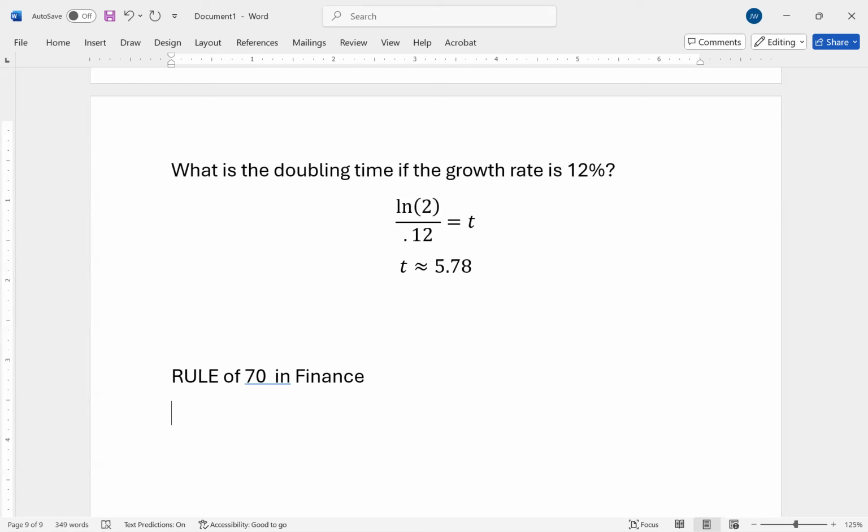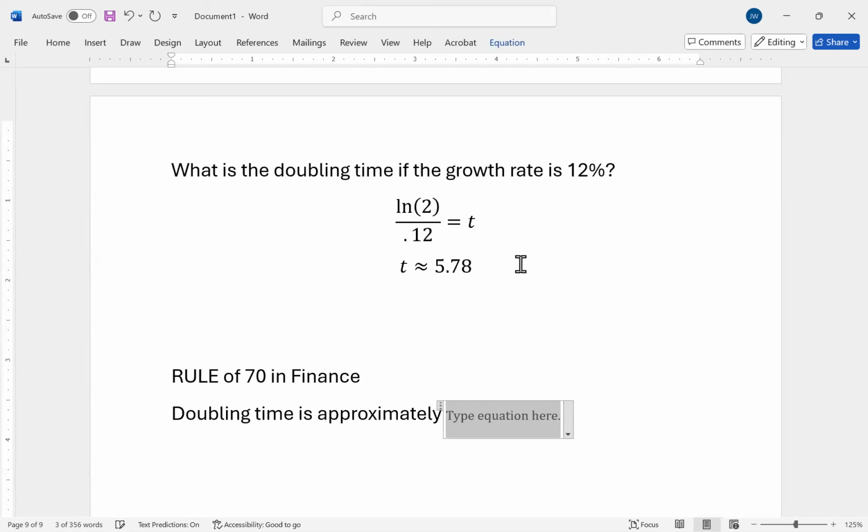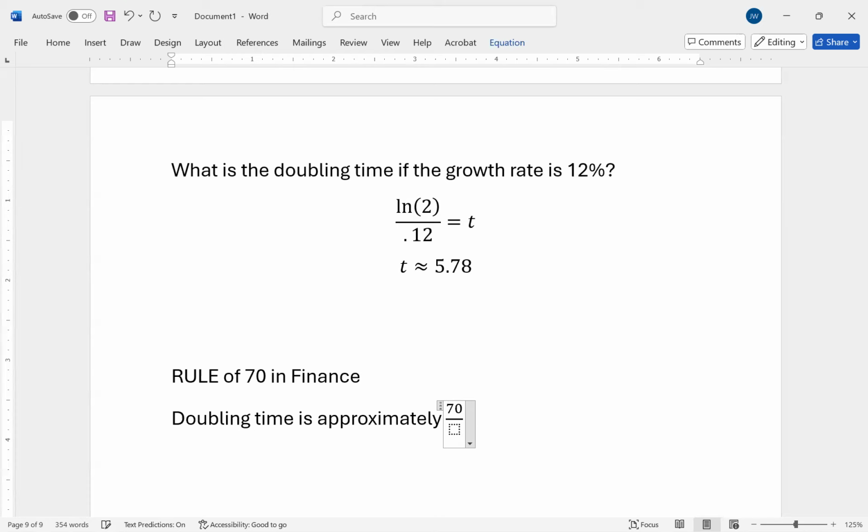It actually refers to the doubling time. It says basically the doubling time is approximately always equal to 70 divided by the percentage rate of growth.